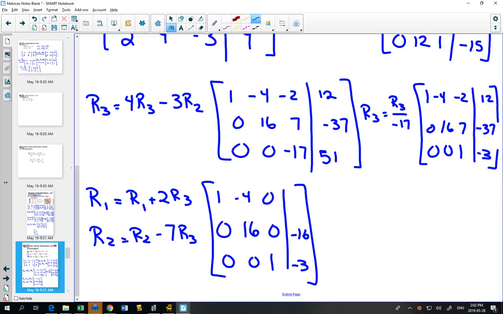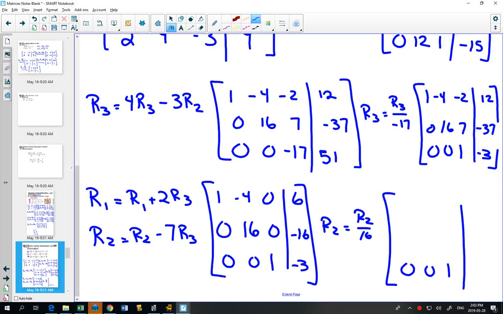Row 1 plus 2 row 3s, that'll be a 6. I can now make row 2 divided by 16, 0, 0, 1, negative 3. That doesn't change. Top one doesn't change. And we now got a 1 in the middle.